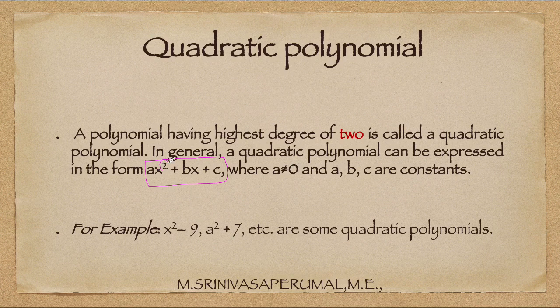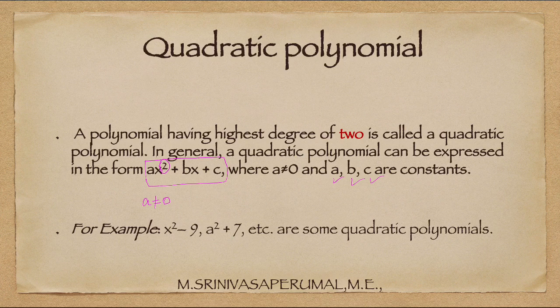The maximum power is 2. And for a quadratic polynomial, the a term is not equal to 0, because if a is equal to 0 it becomes a linear polynomial. And a, b and c are constants.